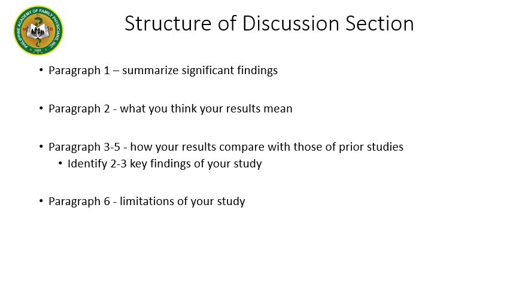All right. So basically, this is the structure of your discussion section. Paragraph number 1 is a summary of the significant findings. Paragraph number 2, what do you think your result means? In other words, what is the significance of those findings to the health system, to the practitioner, to family physicians all over the country? What benefit will they get from this particular study?